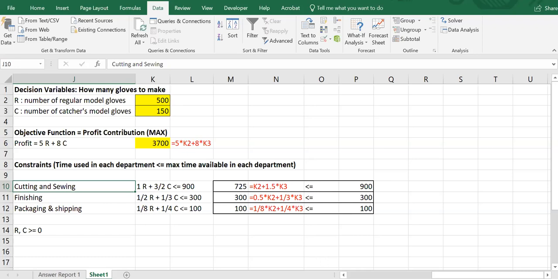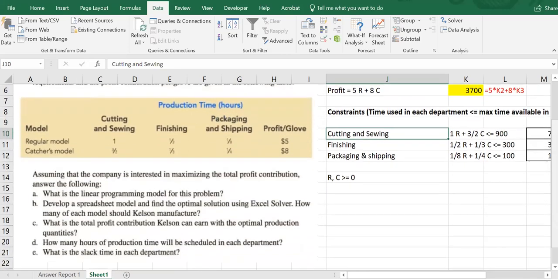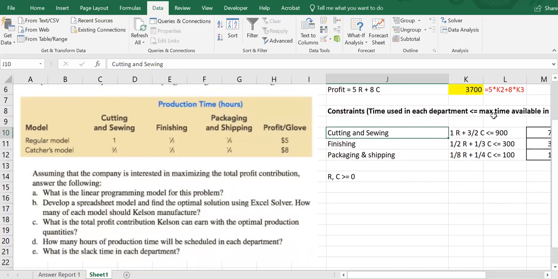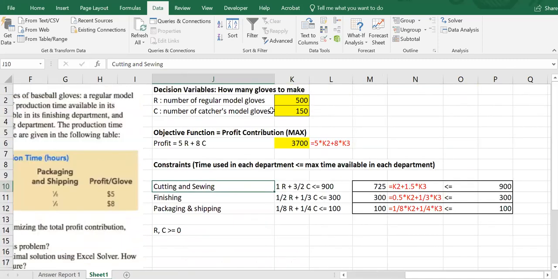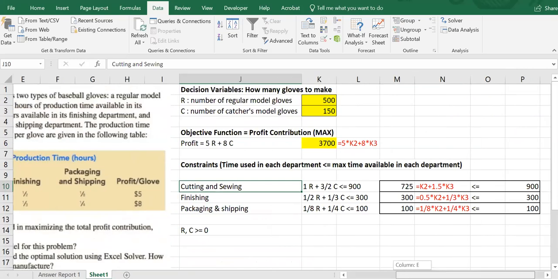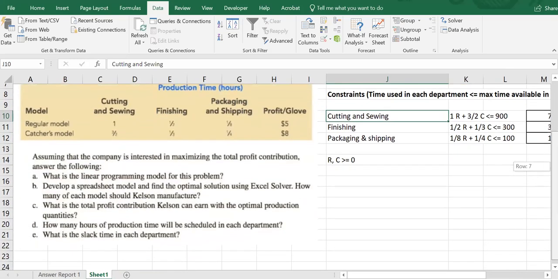Now let's quickly go back to the question. Part A was the model, and the answer to part B was the formulation. We just did that. The spreadsheet model was these cells, with decision variables and objective function set up in the right format for the solver.